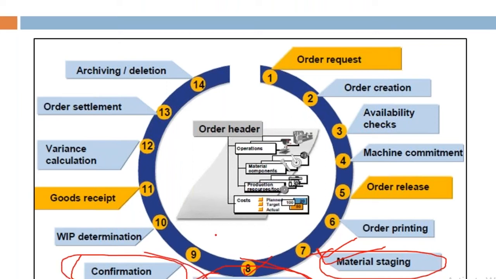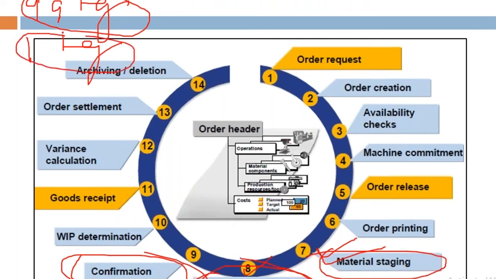After that, once the materials are taken from the warehouse, production people will do the actual physical production. Once the production is done, they will confirm the order. Confirming the order means entering the actual production data. Let's say you are trying to produce 100 kg of a product, but you got only 99 kg. 1 kg is loss. So this information they will enter.